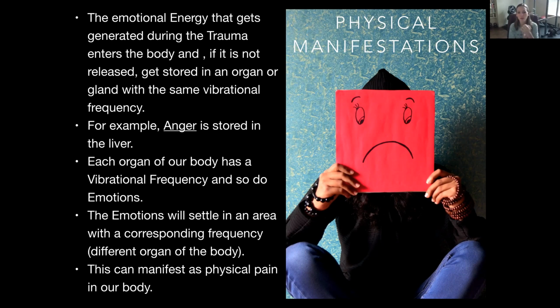Over time, let's say we are somebody who, when we get stressed out or are dealt a bad hand in life, never faces those emotions or deals with them. That can eventually start to settle in that one organ, and over time it can start to manifest as physical pain because that organ is all out of whack with its vibrational frequency.